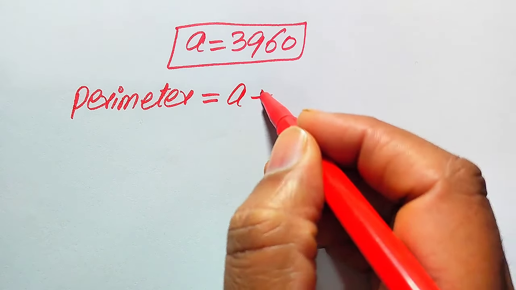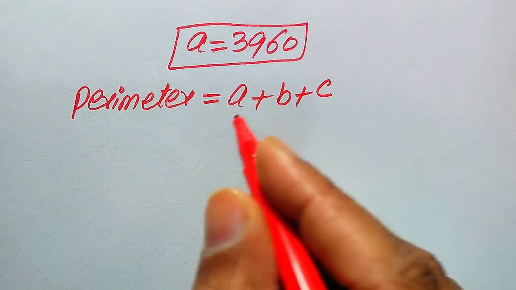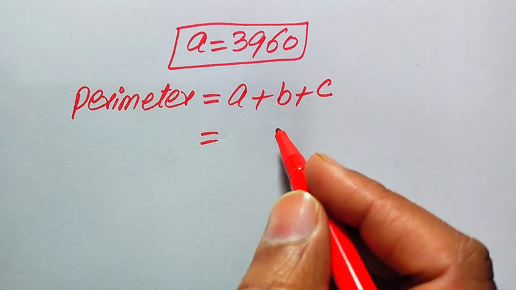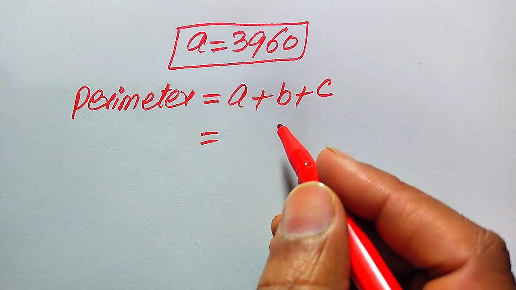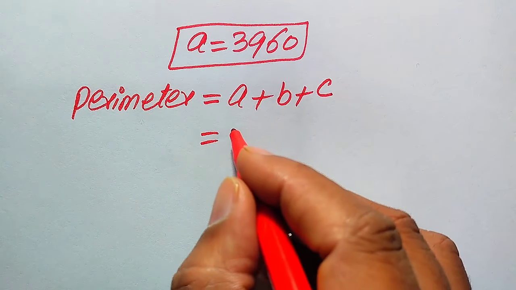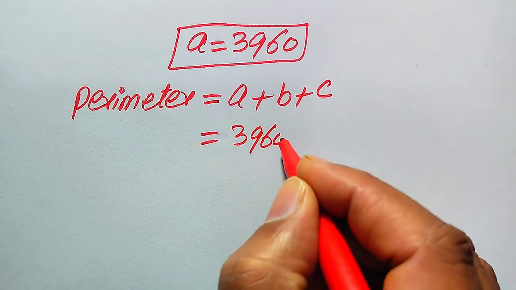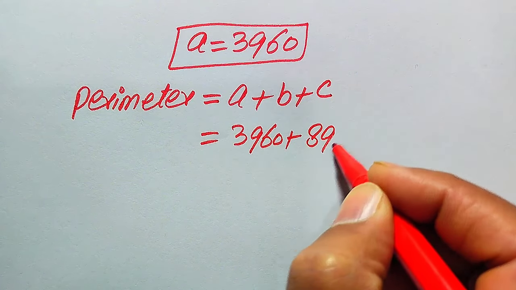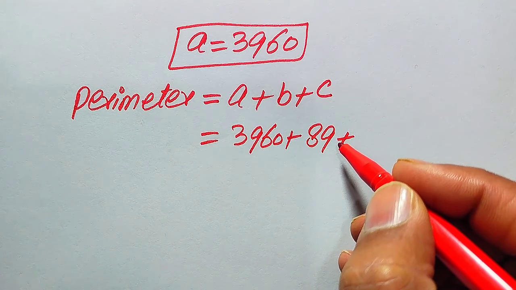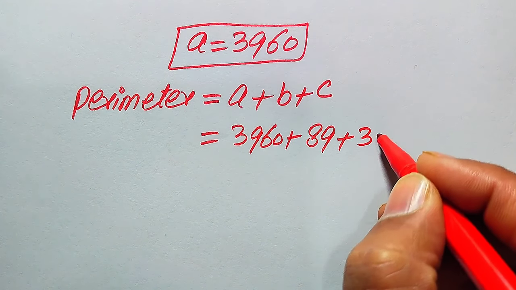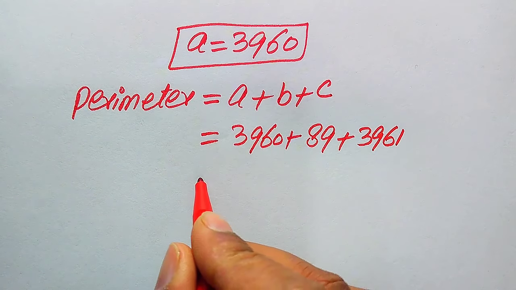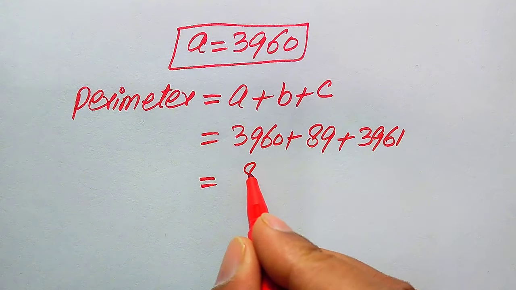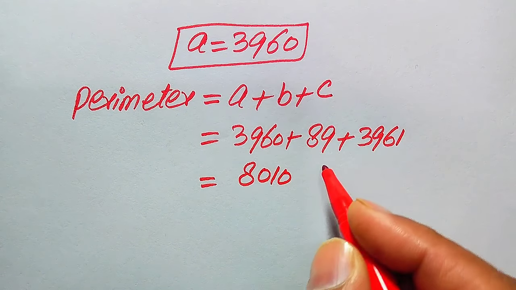So these are the three sides, and the sum is A plus B plus C, where A equals 3,960, the value of B given in the question is 89, and the value of C equals 3,961. When we sum up all of these values, we get 8,010 units.